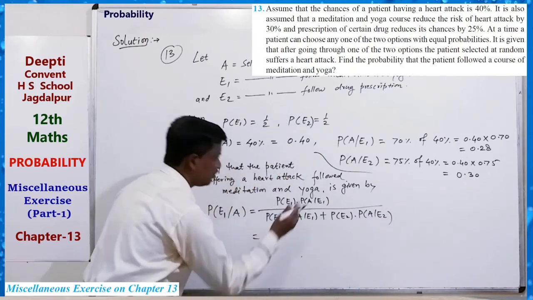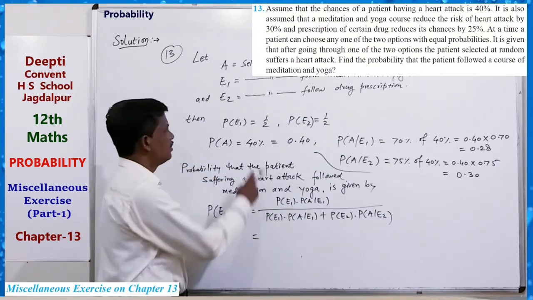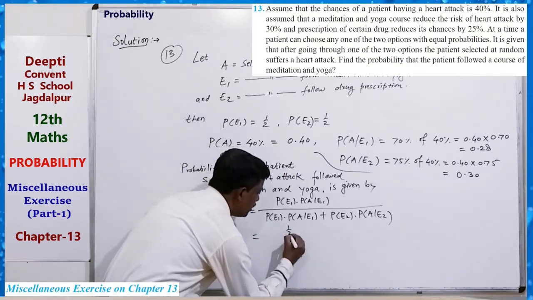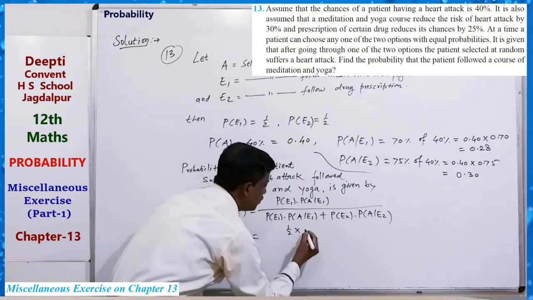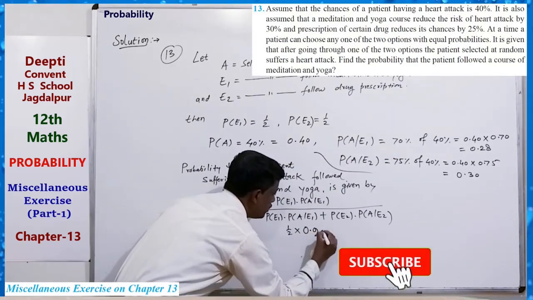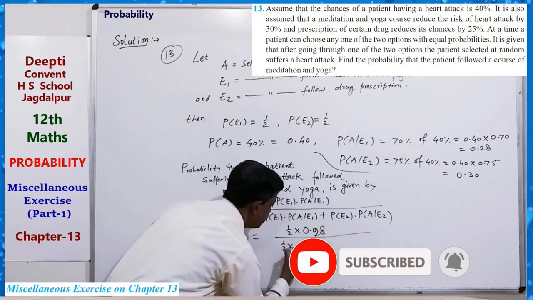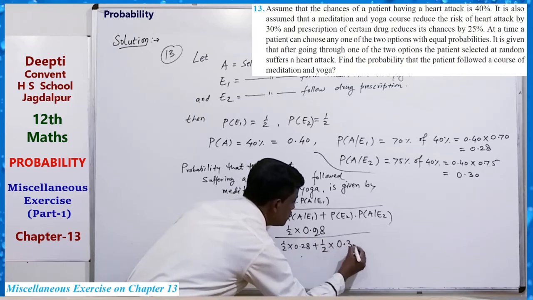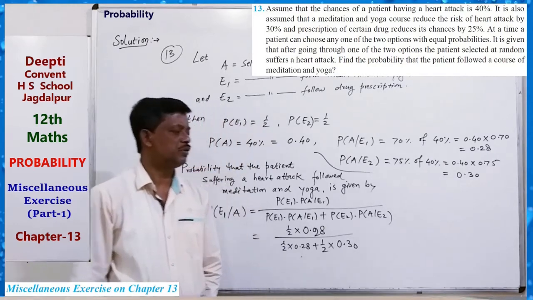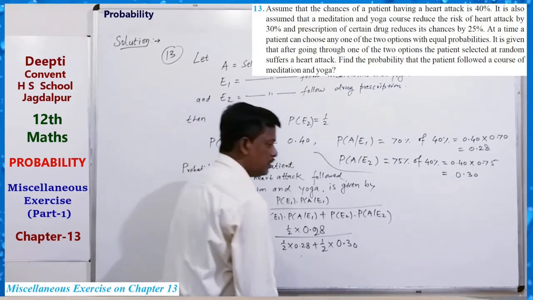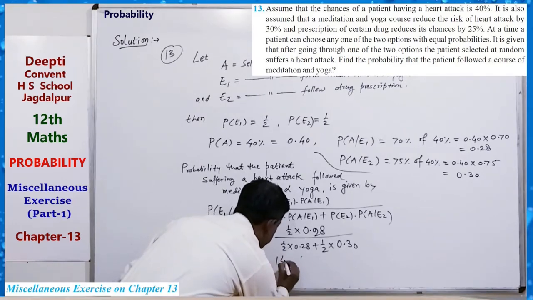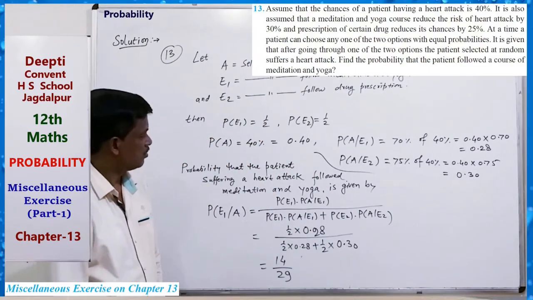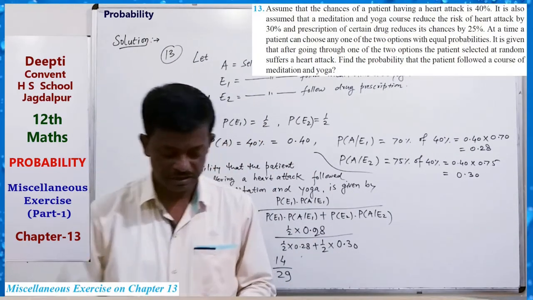Just use the values of all these probabilities: 1 by 2 into 0.28 upon half into 0.28 plus half into 0.30. Just solve it, you get 14 by 29. This is the probability. Okay, just use Bayes theorem for question 13.